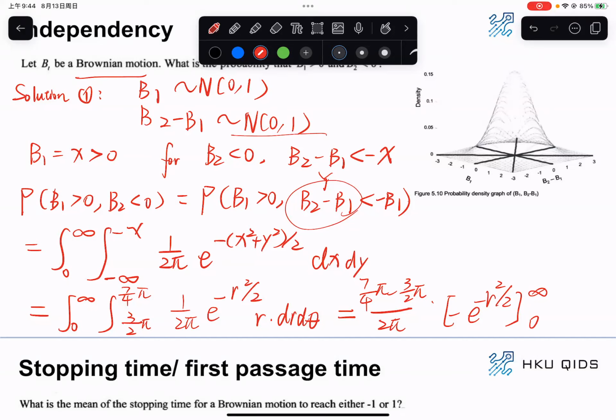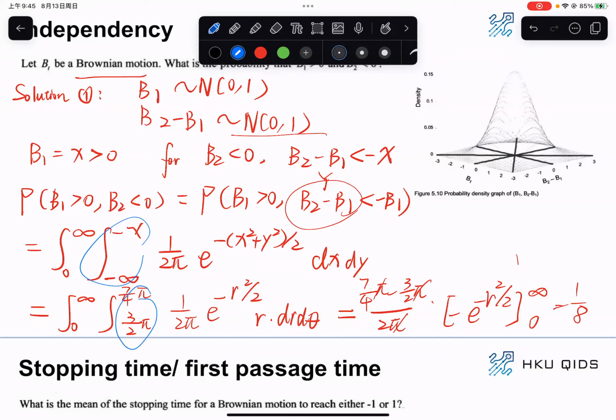So by solving that, first we take the integration of the theta, and then we take the integration of the r part, which is just the negative, and this thing is just going to be 1, and this cancels out all the pi here, and we are going to have equal to 1/8.